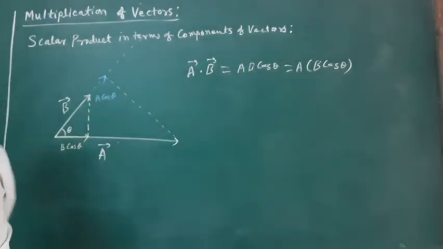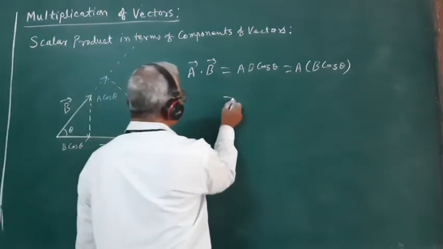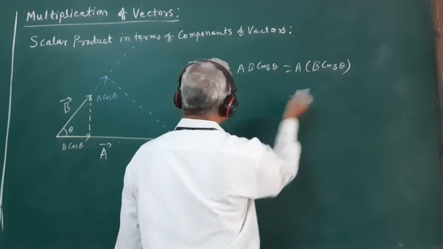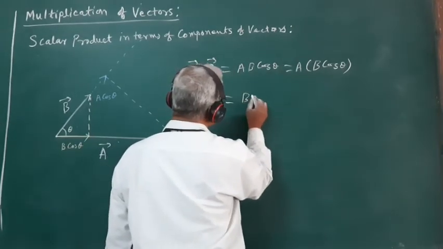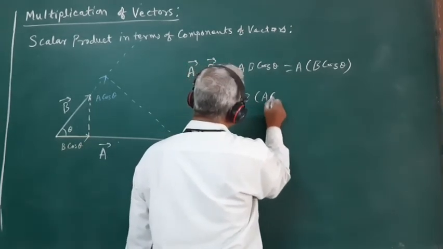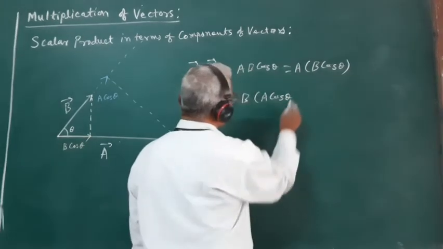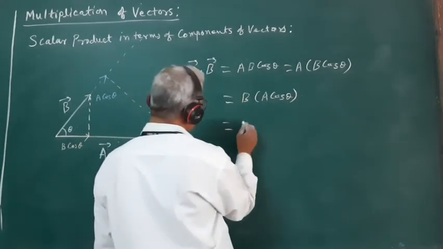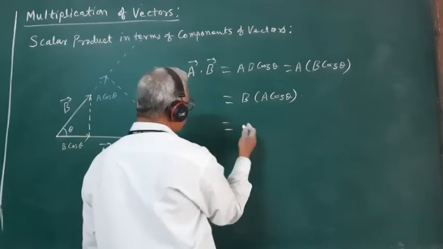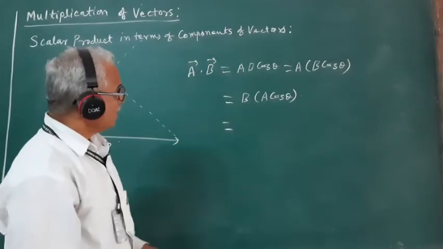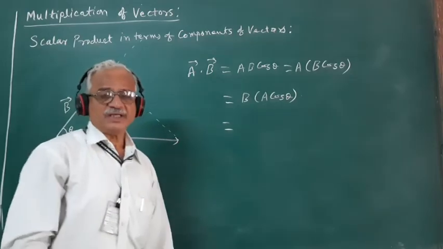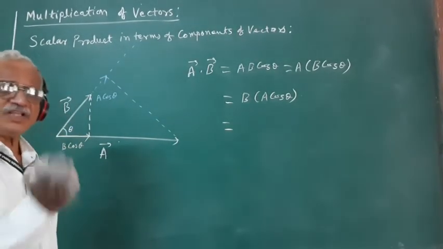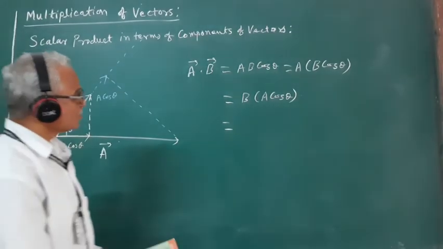So, instead of writing A into B cos theta, we can express it as B into A cos theta. This is equal to B, the magnitude of B bar, and A cos theta is the component of A bar in the direction of B bar.